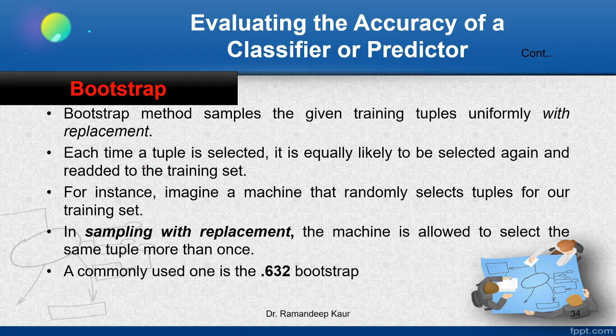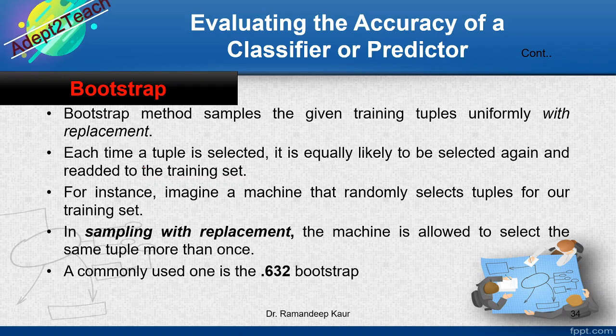What we are doing is randomly taking one training tuple, and that tuple is used as training data. Once the system is trained, we put it back into the whole set of data. Again, another tuple is randomly picked up and the system is trained.